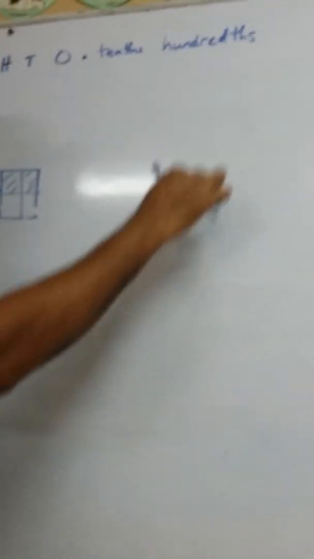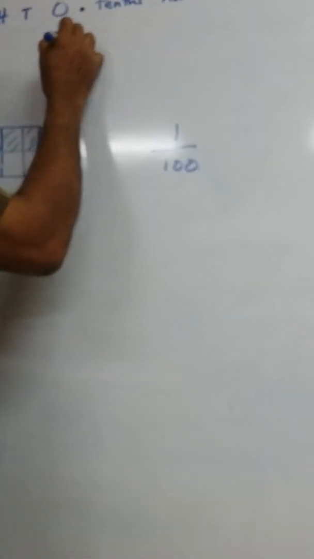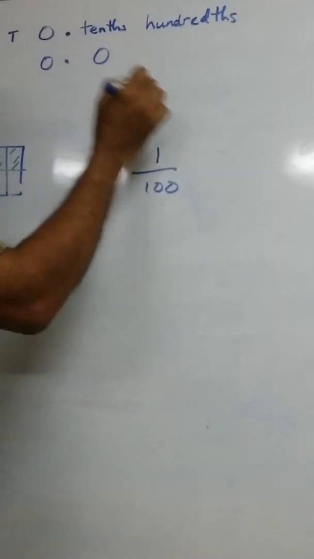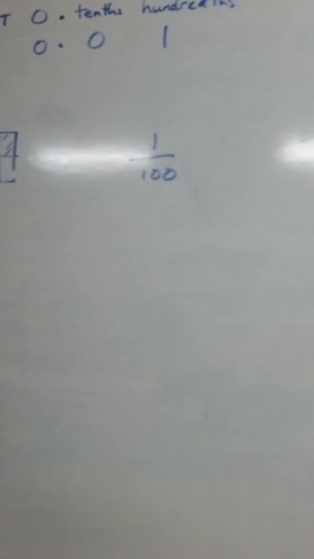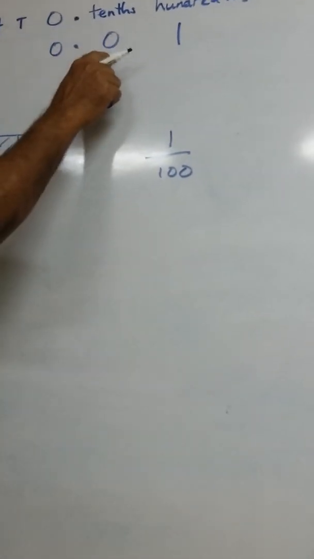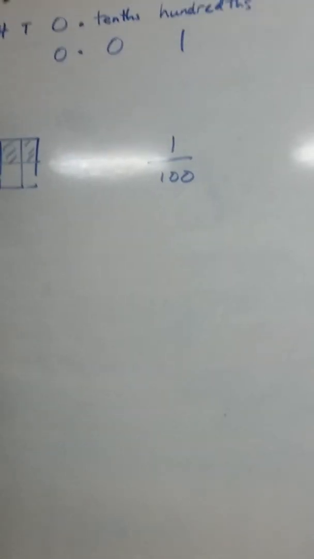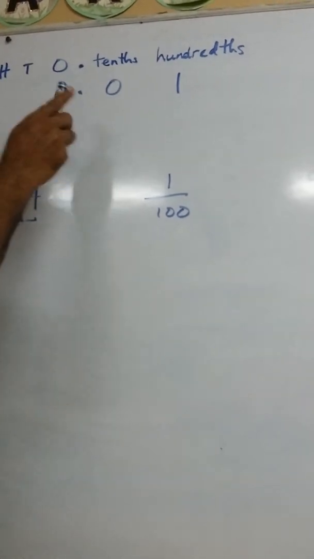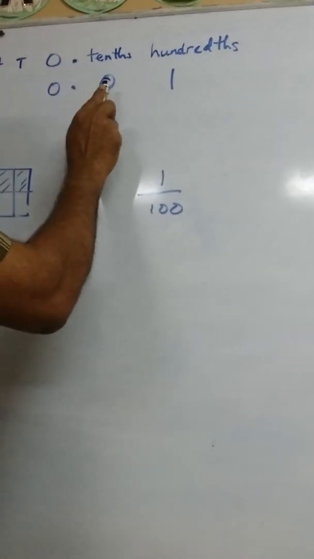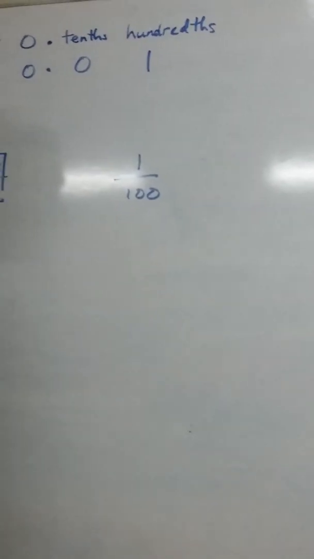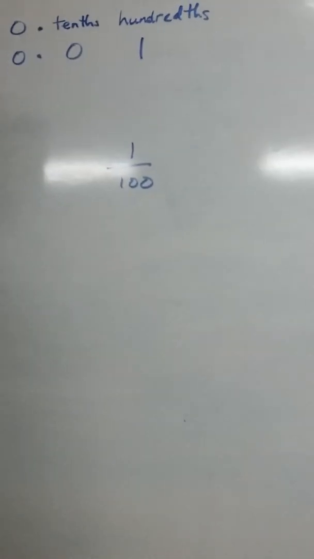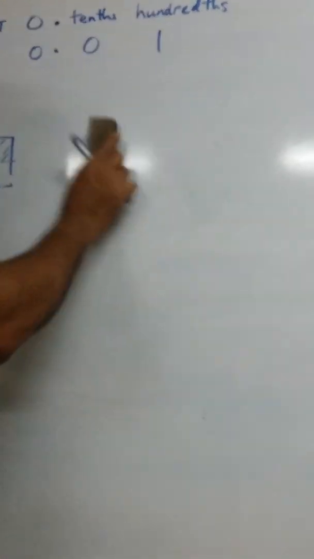So what does 0.01 mean? It means that we have 0 wholes, 0 tenths, and 1 hundredth. Very, very simple. Alright?